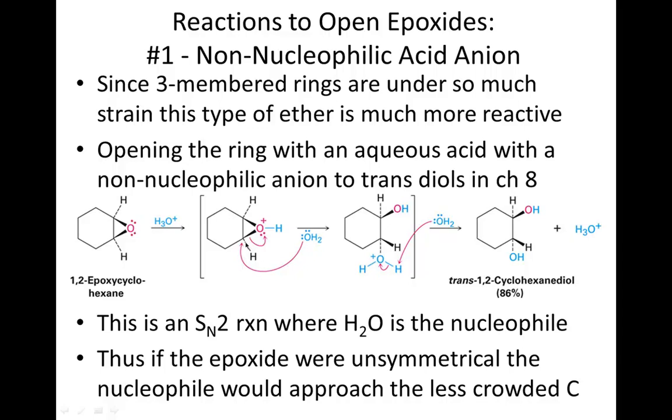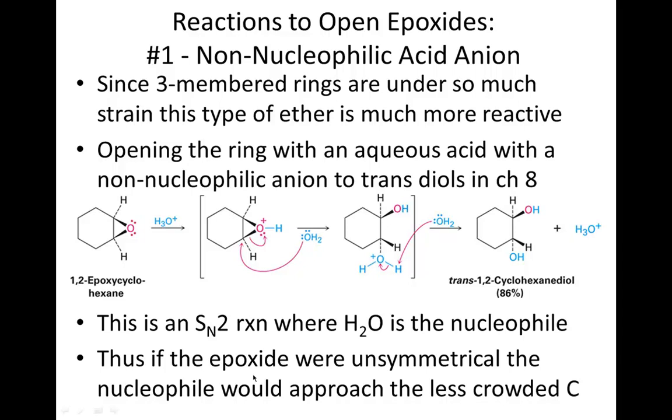It would come in from the opposite side, and so you would get a trans diol once this thing loses this proton. And that's partnered with the reaction with osmium tetroxide, which would make cis diols. So we've seen that reaction already, and it is a type of SN2 reaction, and it lets us open those epoxides.